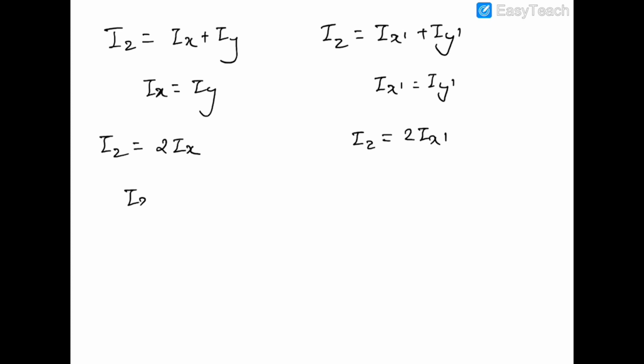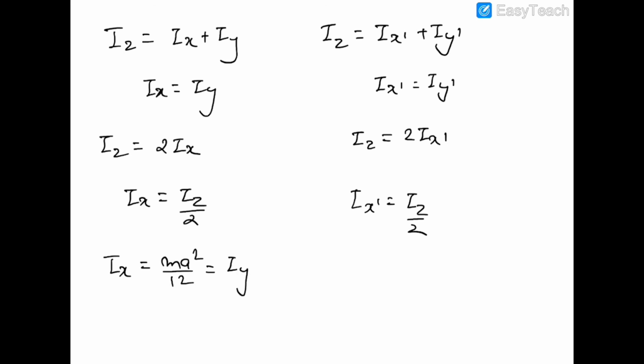So Ix is equal to Iz by 2, and Ix dash is equal to Iz by 2. So Ix is equal to ma square by 12, and this is equal to Iy, and Ix dash is equal to ma square by 12, and this is also equal to Iy dash.